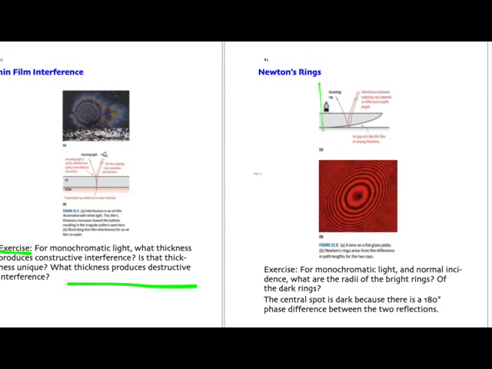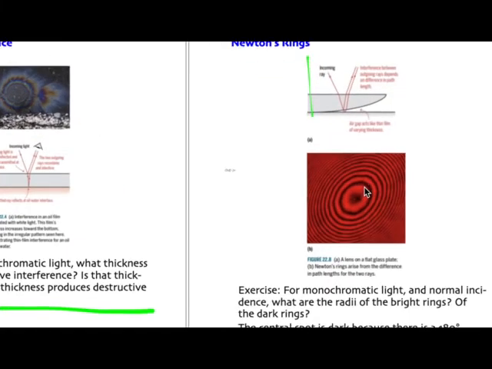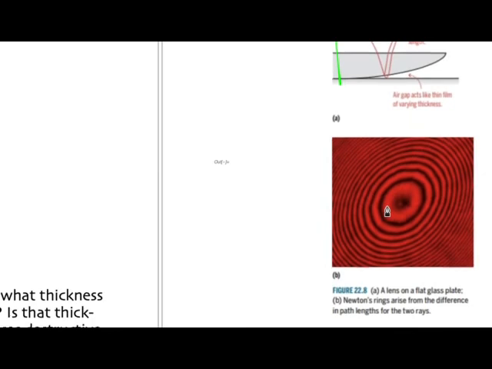Now you could do this with white light, and that would produce something similar to what we had over here in the case of sunlight hitting an oil slick. But if you do this with one color, say red, then you'll just get alternating bright and dark fringes. So this is a picture from the book.